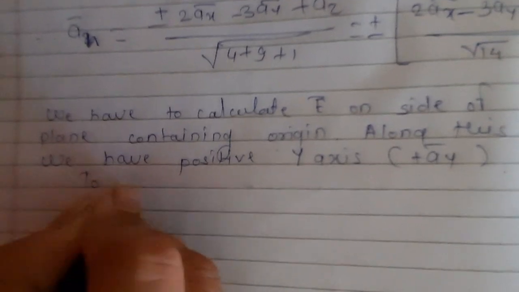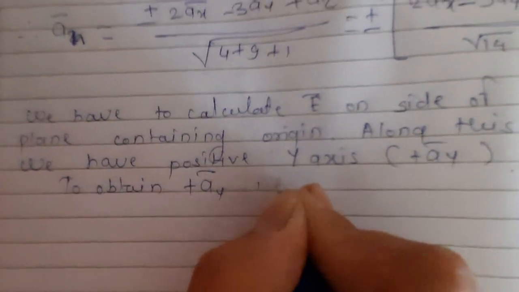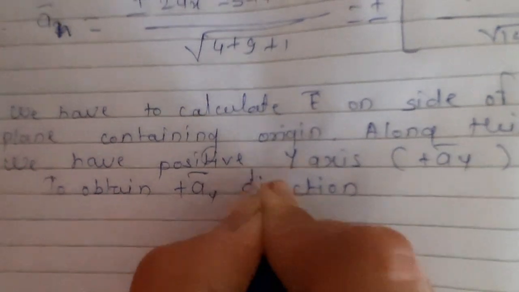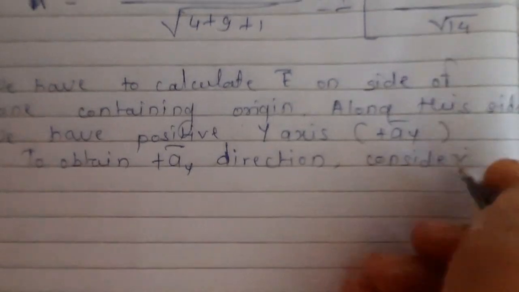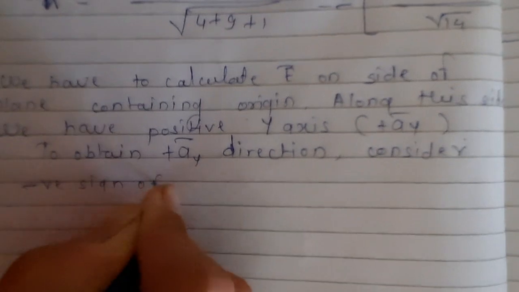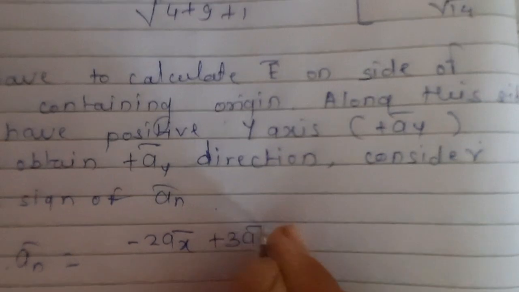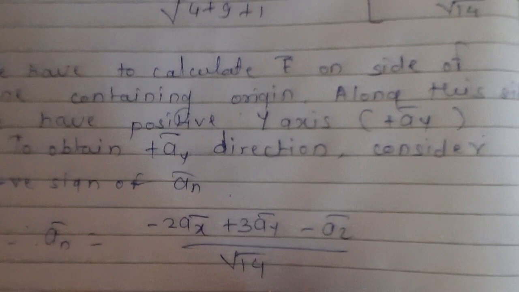To obtain plus ay bar direction, consider the negative sign of an bar. So an bar is equal to minus 2ax bar plus 3ay bar minus az bar divided by square root of 14.